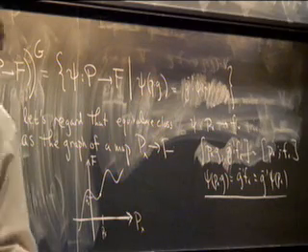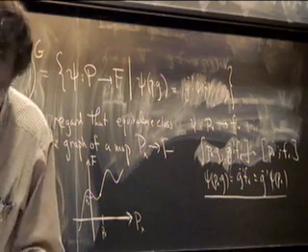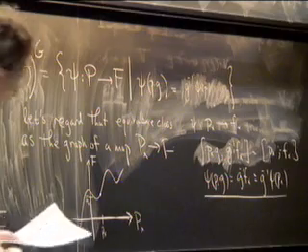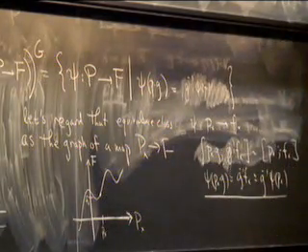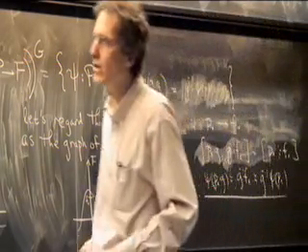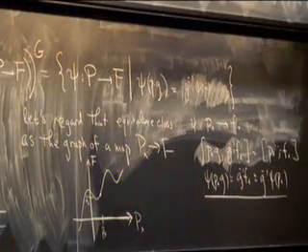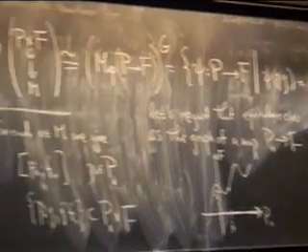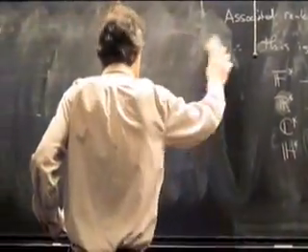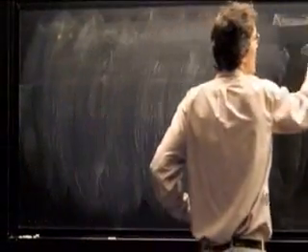Okay, I have a discussion in the notes where I further beat this into the ground by going to a local trivialization, but I think maybe you got the point by now. So this is what I like to call the grand tautology.